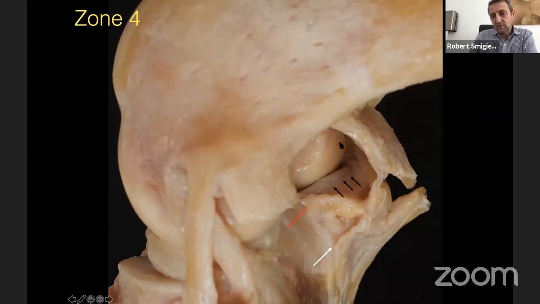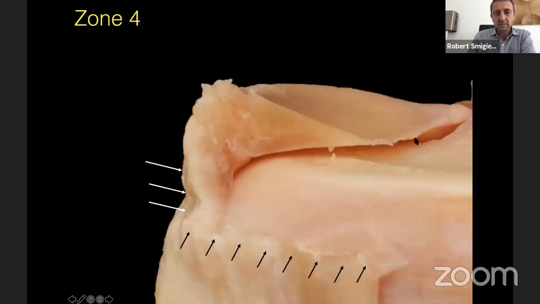This is a very interesting part of the medial meniscus. If you look at the medial meniscus through this gap, you can see again that the superior border of the medial meniscus is completely free, but the inferior part is attached to the tibia. And this is the example, zone 4. You can see the superior border, which is free, and the inferior part of the meniscus attaching to the tibia. And this is the coronal ligament.